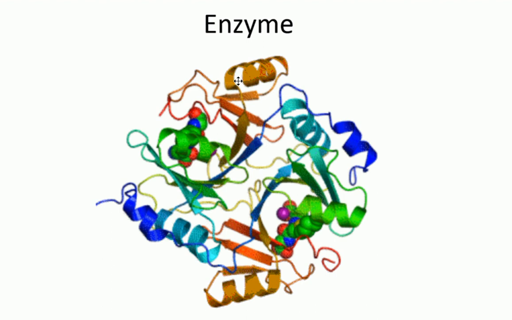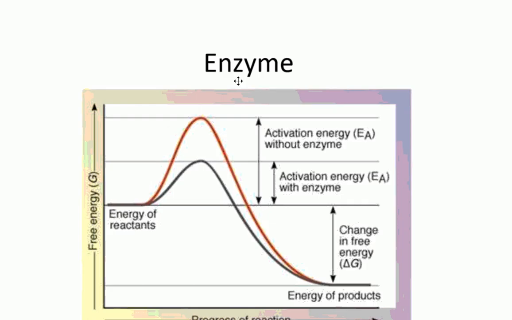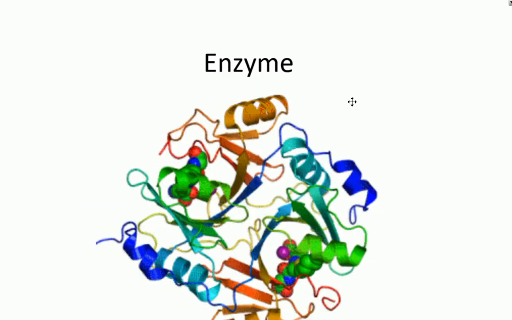So in your body, an enzyme will take some reactants and make them into the products a lot faster than that would happen, and it does that by lowering the amount of energy that's needed in order to start that reaction.